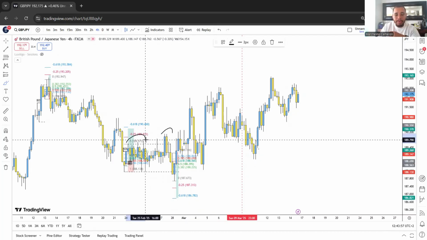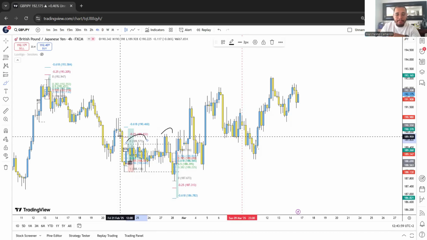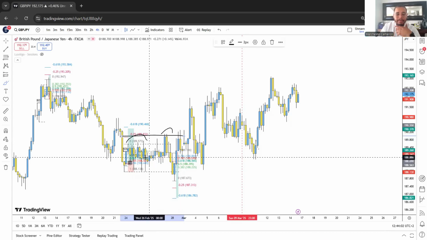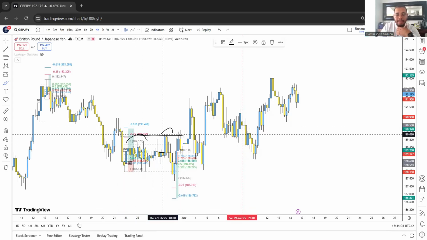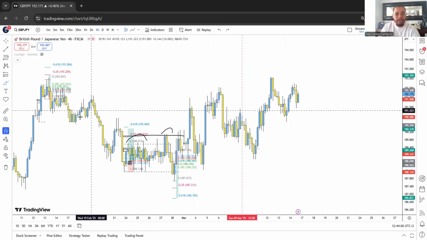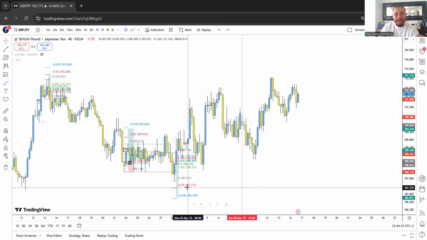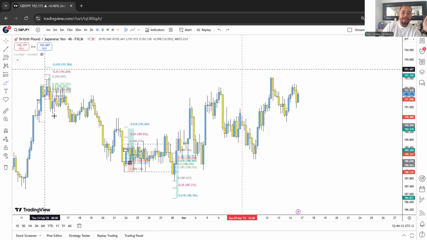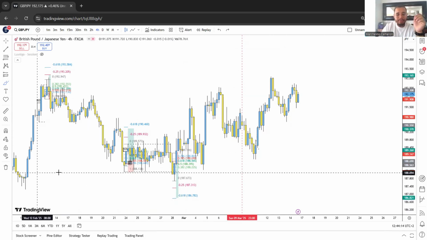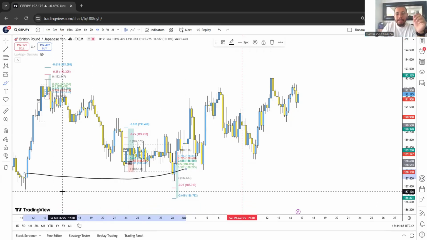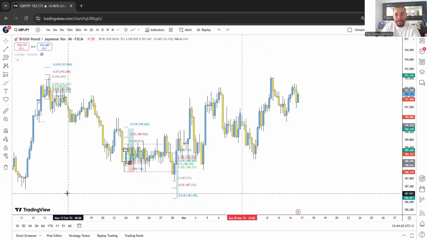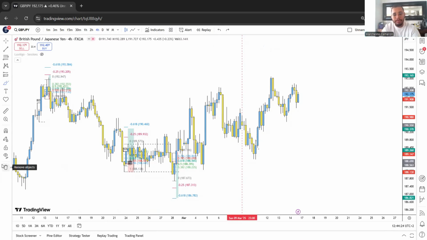We grabbed all of this liquidity right here, mitigating orders and fulfilling orders in these areas. Then you can see a push off to continue this small internal downside structure, right? So we had internal downside structure back into this demand zone or key level, whatever you want to call it. I just say point of interest because it's a point of interest where you're potentially looking for trades out of that area.